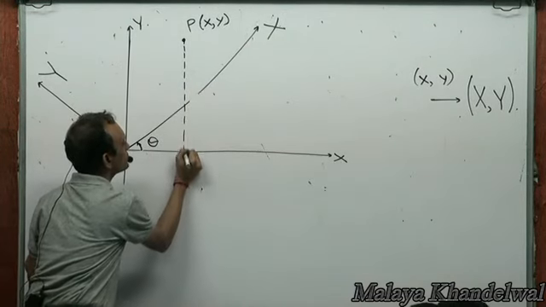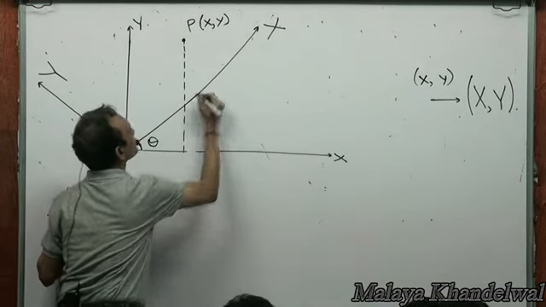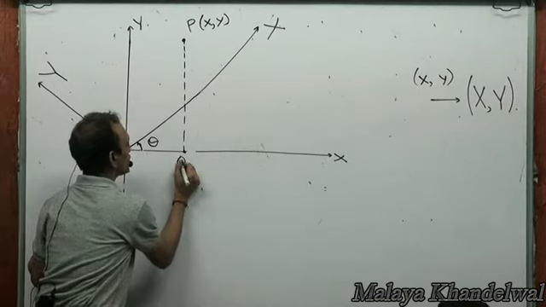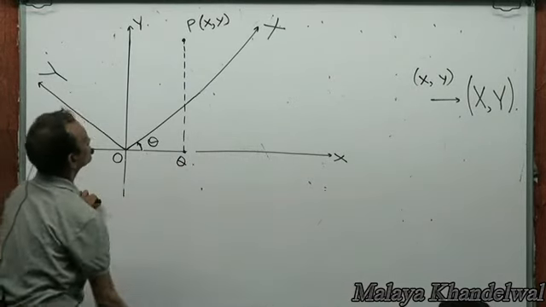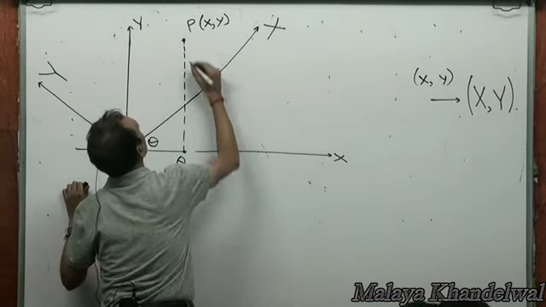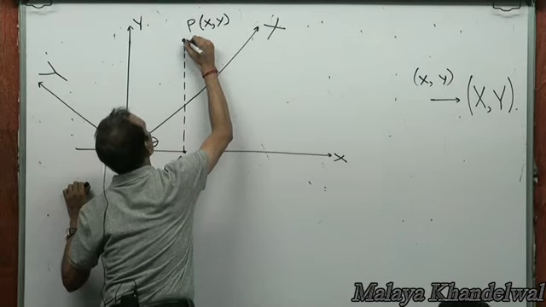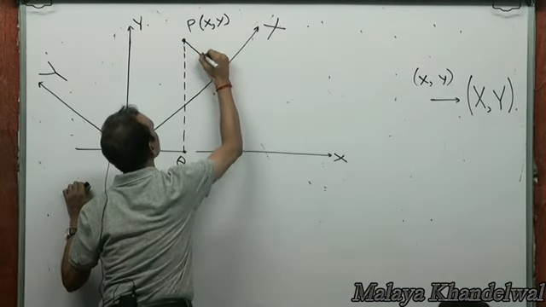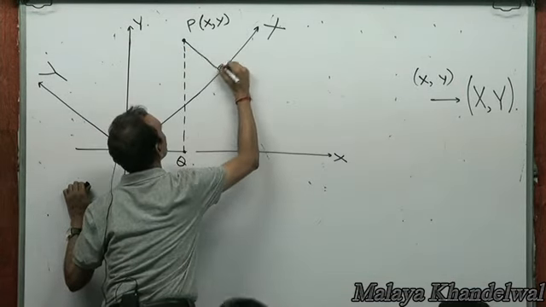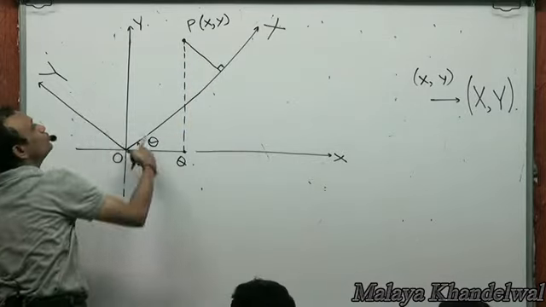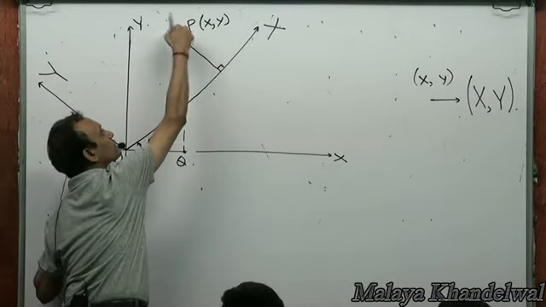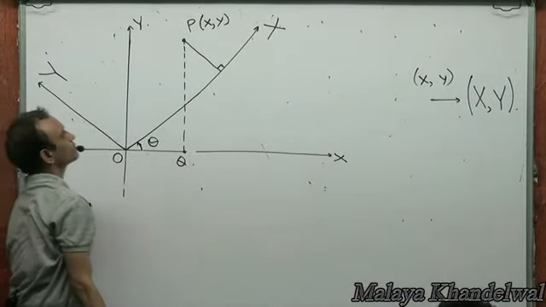See, let me project P onto this point, say Q. And then I draw this perpendicular to the new x-axis. Perpendicular to the new x-axis means parallel to the new y-axis.